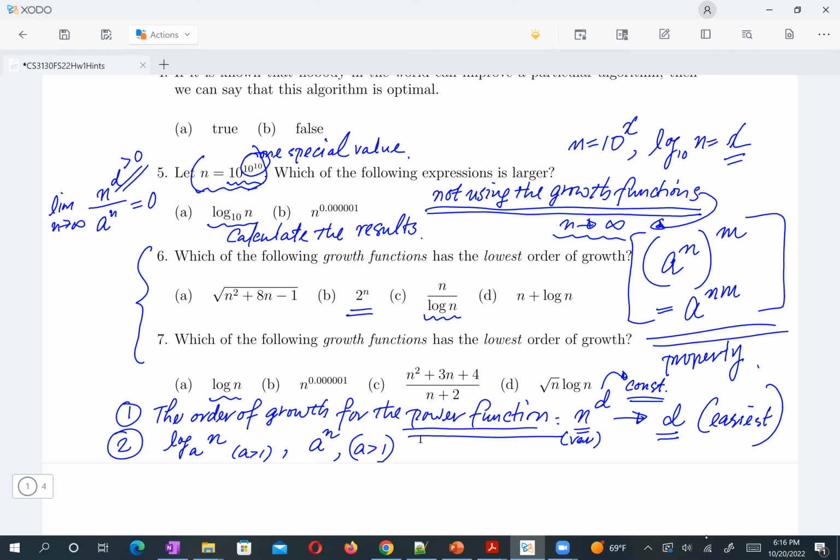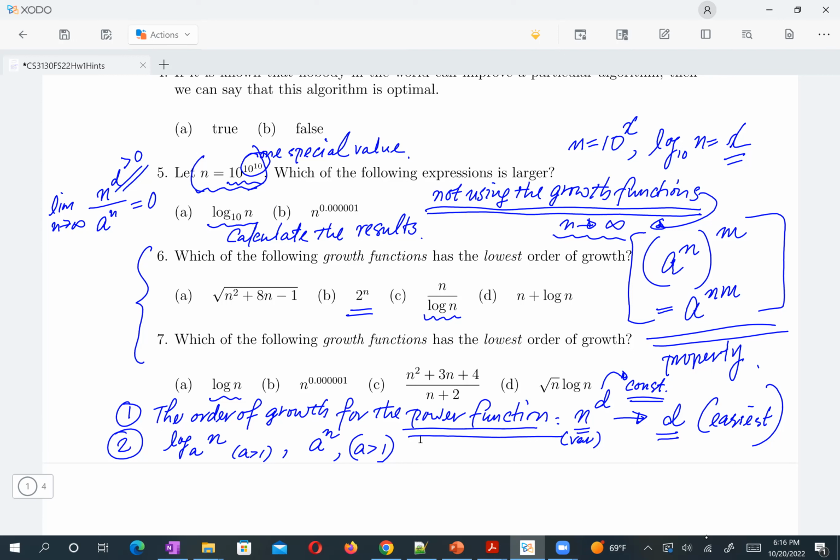That means the exponential function has higher order of growth than any power function, because the limit equals 0. The denominator should have higher order of growth.